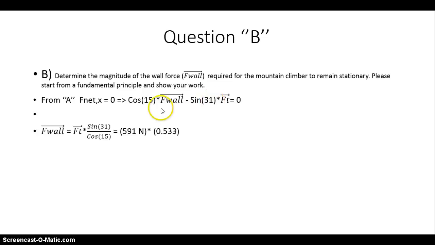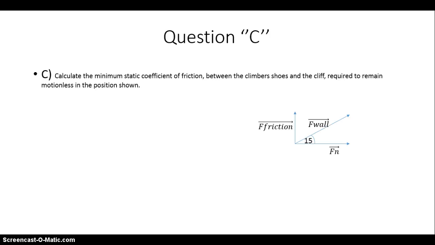Then we solve for F wall from this equation, and we obtain that F wall equals Ft times sine of 31 over cosine of 15, which is equal to 591 newtons times 0.533. We obtain that the value of F wall for the mountain climber to remain stationary is equal to 350 newtons.